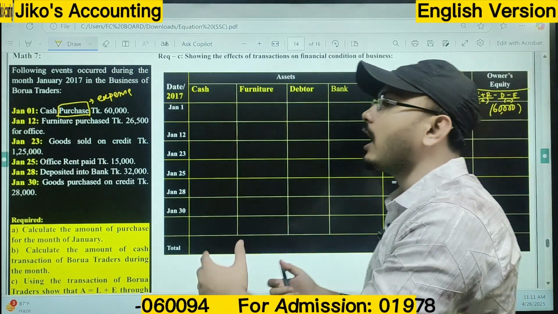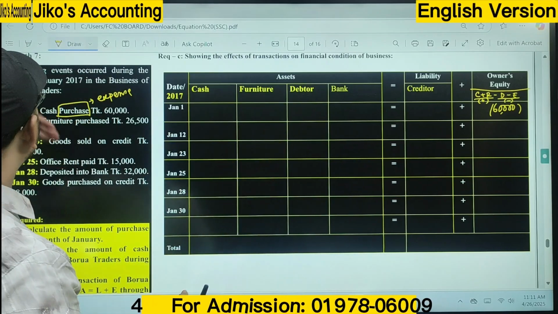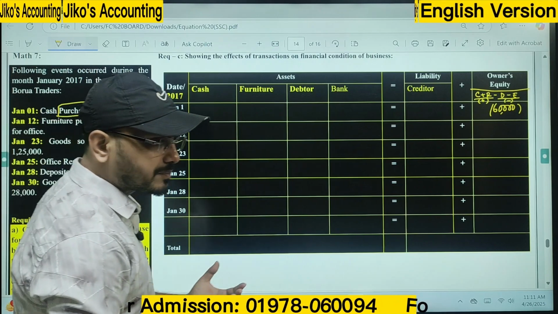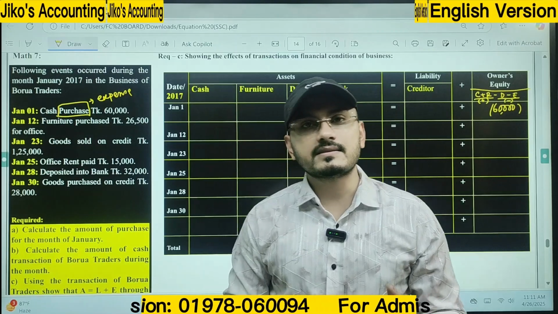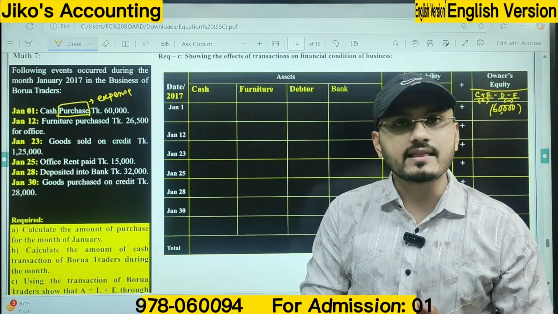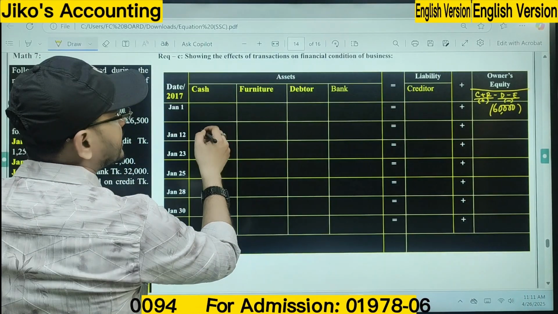Is it clear? Now, how about cash? Try to get this one. For an organization like Borrower Traders, while doing this math, please, sir, assume that it's your own math. If you receive anything, that means it's your own receipt. If you pay anything, that means it's your own payment. So cash purchase indicates the reduction of the cash.